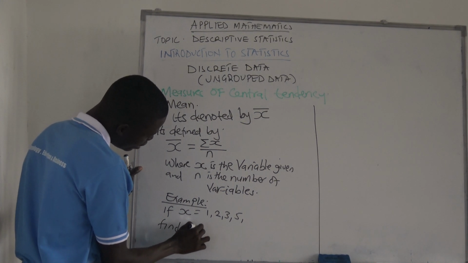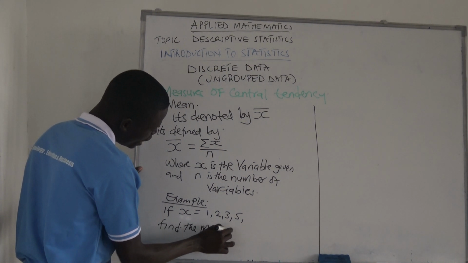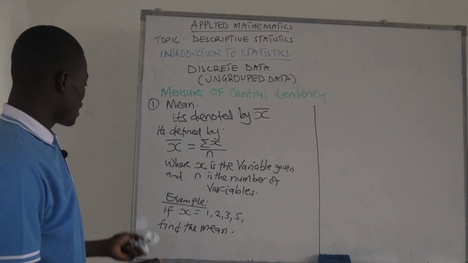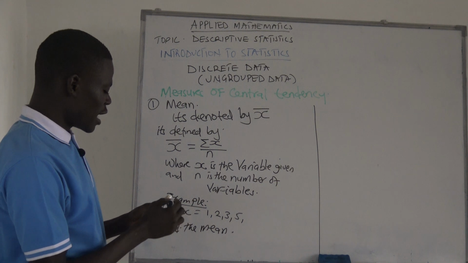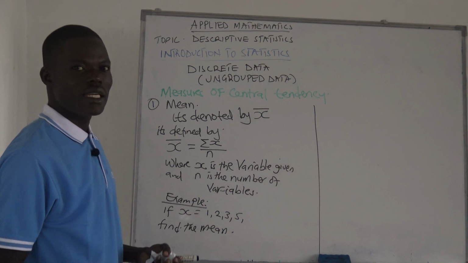Find the mean. If x is given by 1, 2, 3 and 5, and then the question is saying find the mean.